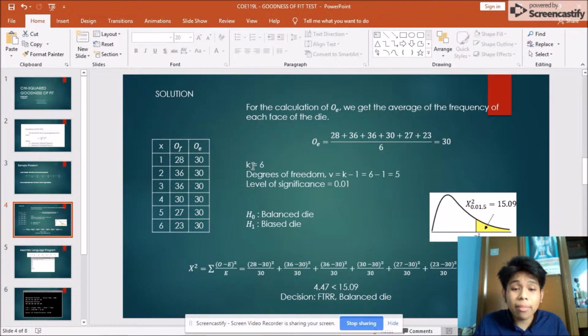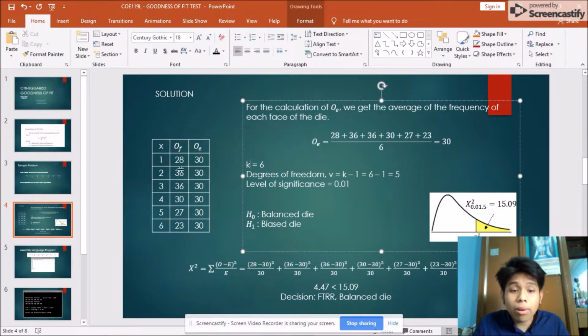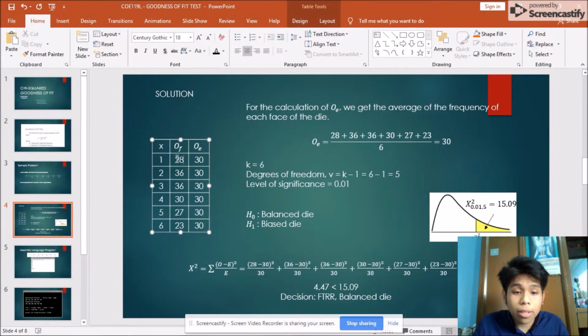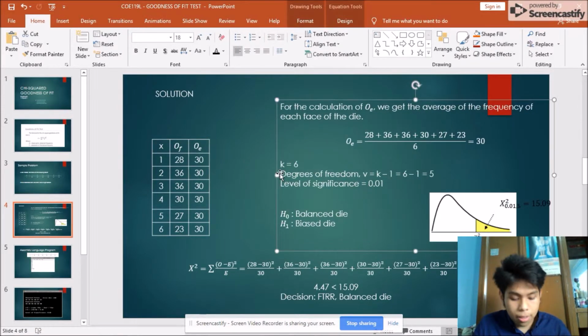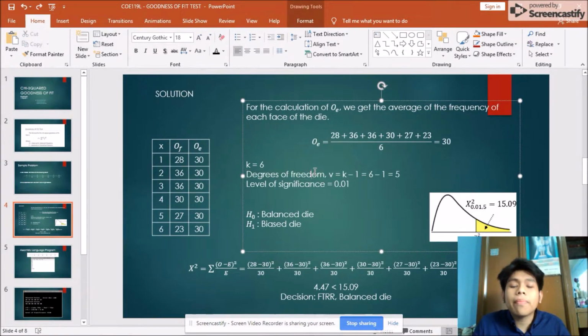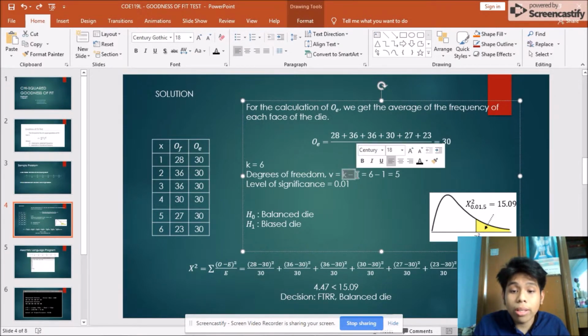The value of k is the number of entries or the observed values. Here it is: 1, 2, 3, 4, 5, and 6. For the computation of the degree of freedom, variable v, it is calculated by k minus 1.